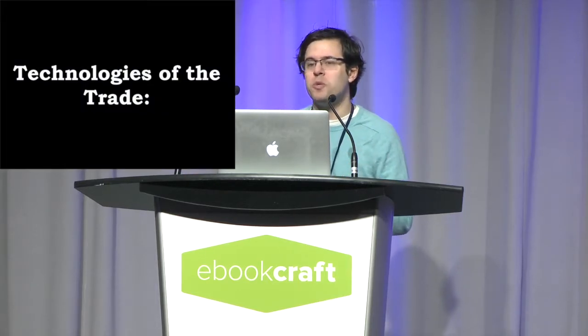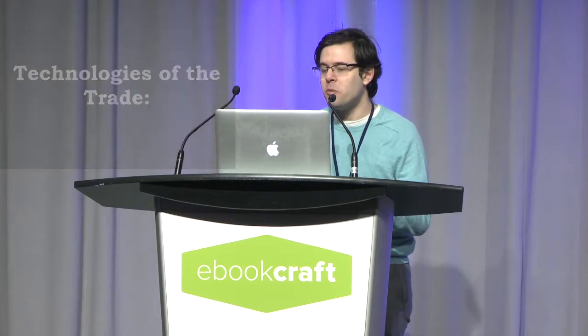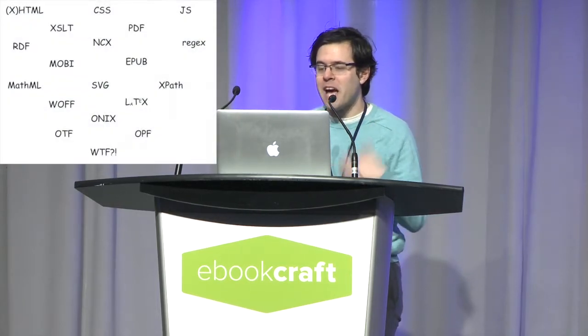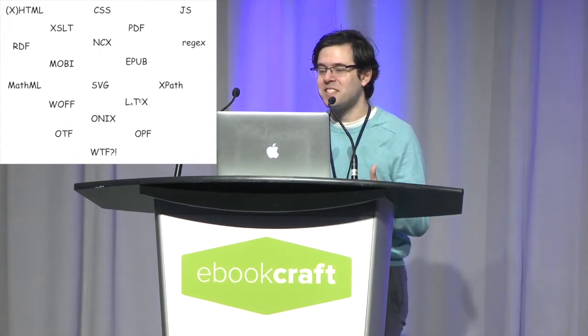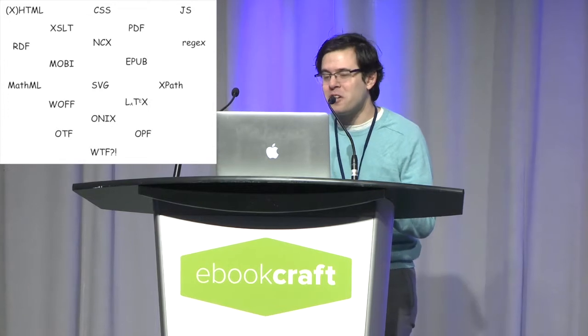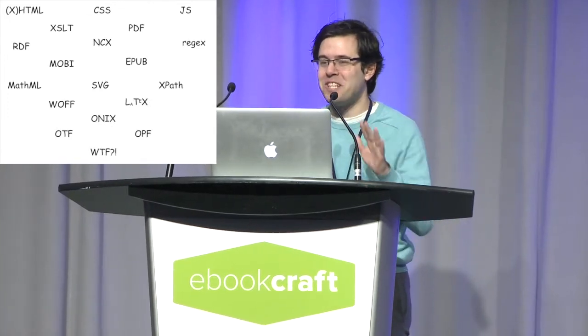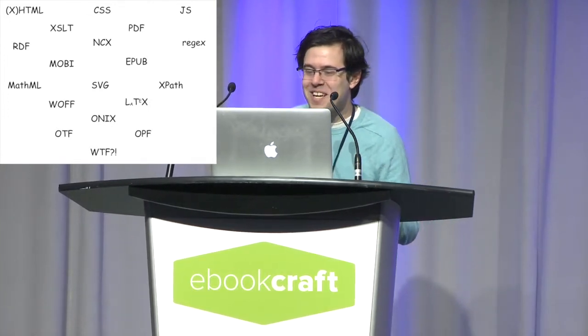So that brings me to what are the technologies of the trade? What do we use specifically in the ebook world when we talk about software development? So here's my acronym soup. We're doing XHTML, CSS, JS, XSLT, PDF, RDF, NCX. Wish we could get rid of that, but maybe someday.